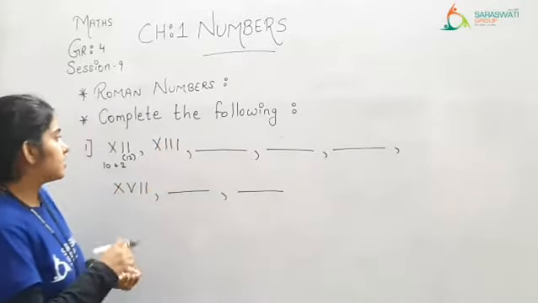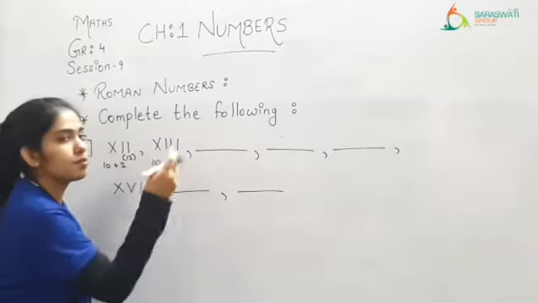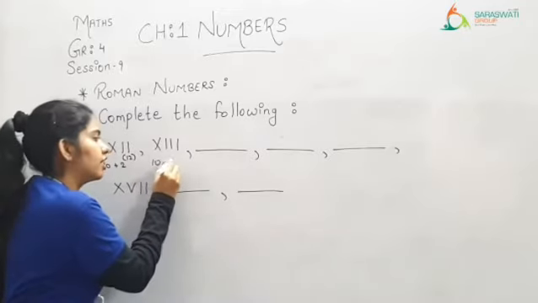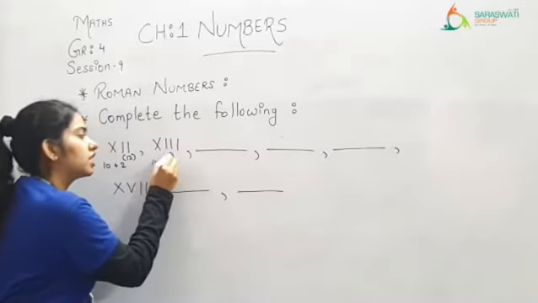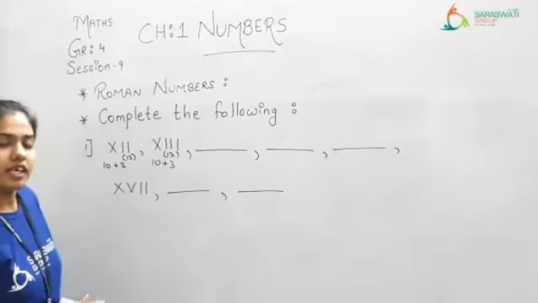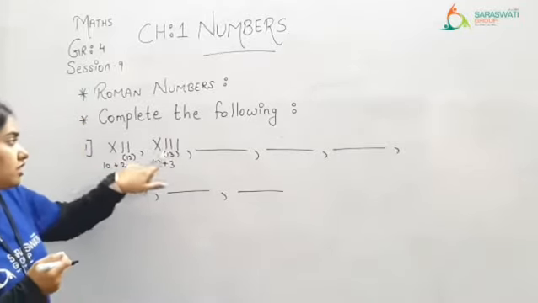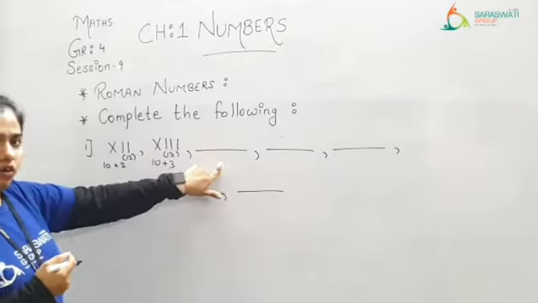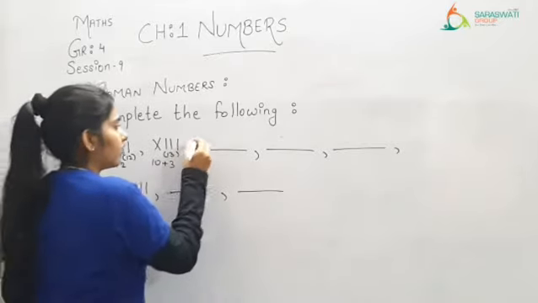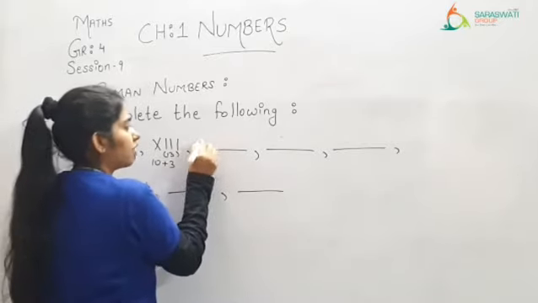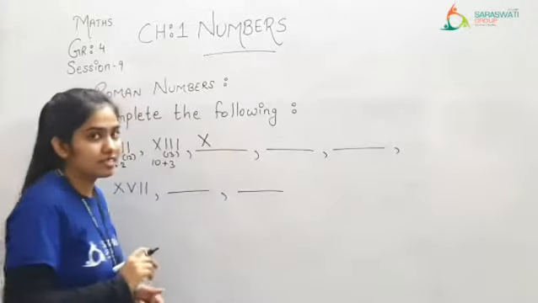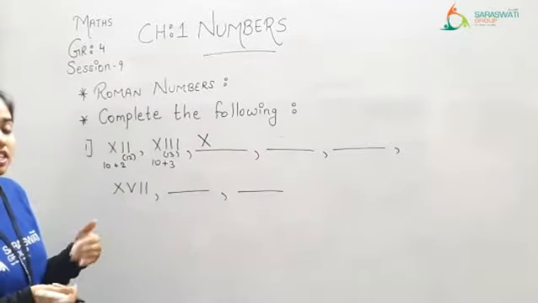Now the next is 10 and 3 times I, that is plus 3. So 10 plus 3 is 13. So we know that this started from 12, 13. Now here we have to write 14. What comes for 14? At the tens place X, and the next one is 4.